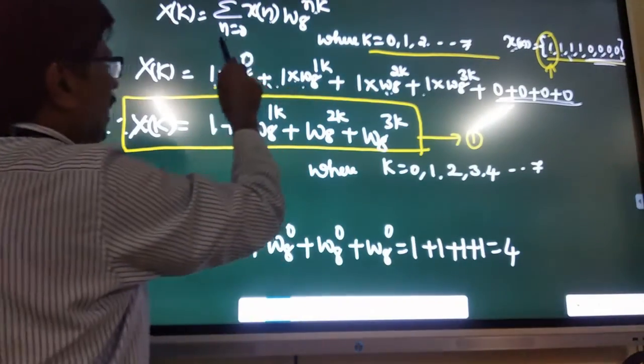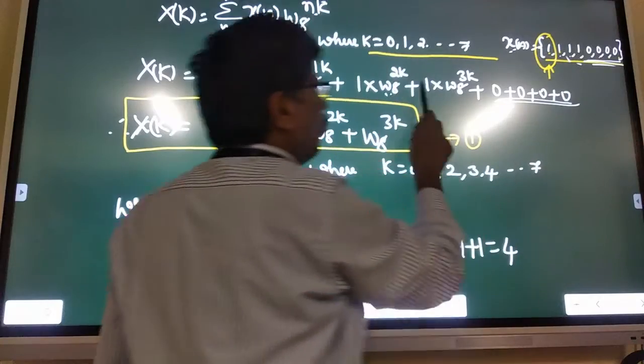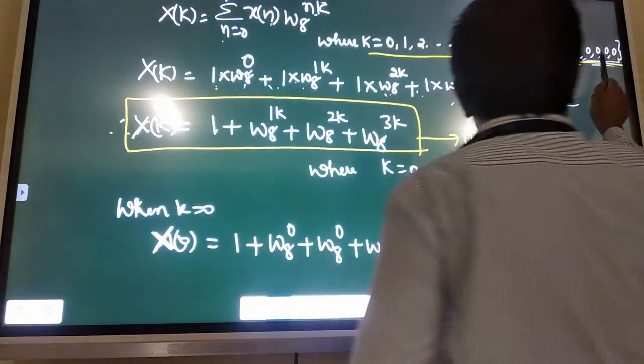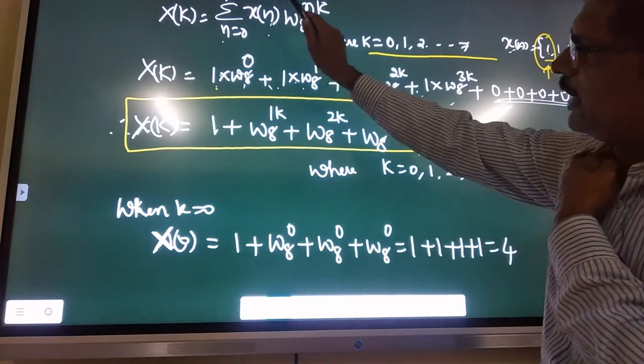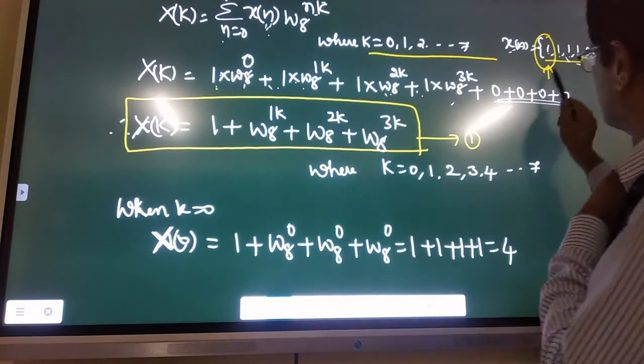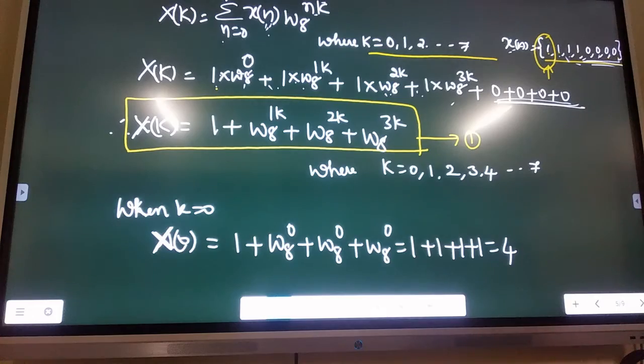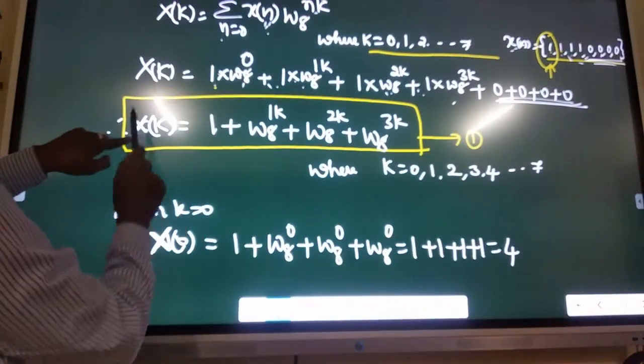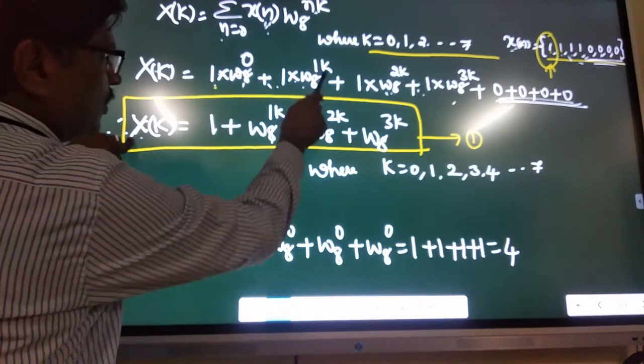Plus again x3, which is also 1, 1 into omega 8 power 3k. Then the rest of the terms, x4, x5, x6, x7, are 0. 0 into everything is 0. That's why 4 zeros. Therefore, in the end, you will get an expression for x of k in terms of k.